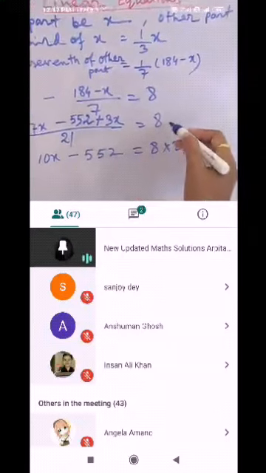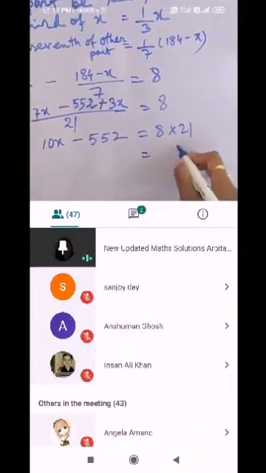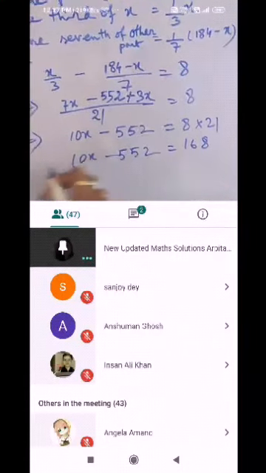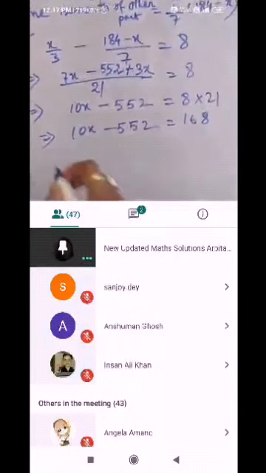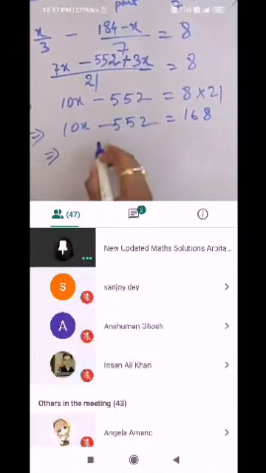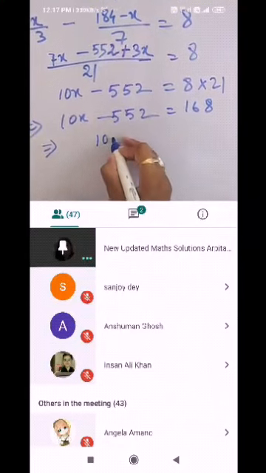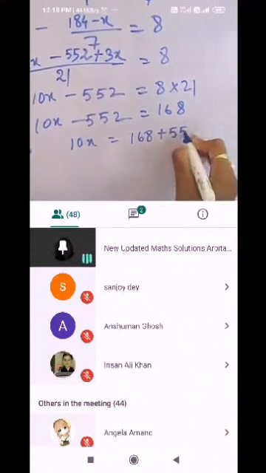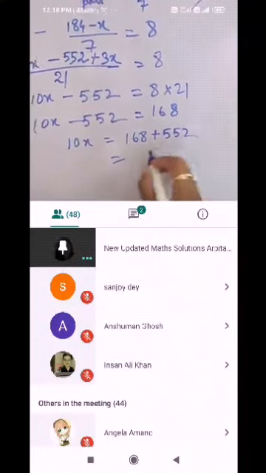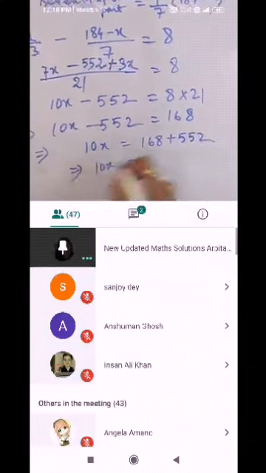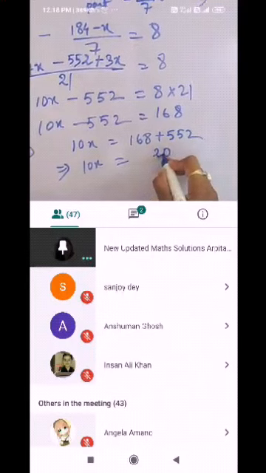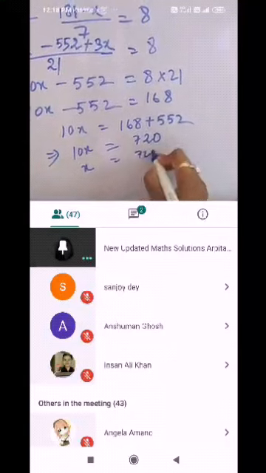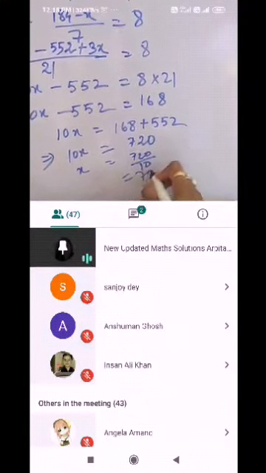This 21 is multiplied with 8: 8 1s are 8, 8 2s are 16. So 10x equal to 168 plus 552, 720. So x equal to 72.